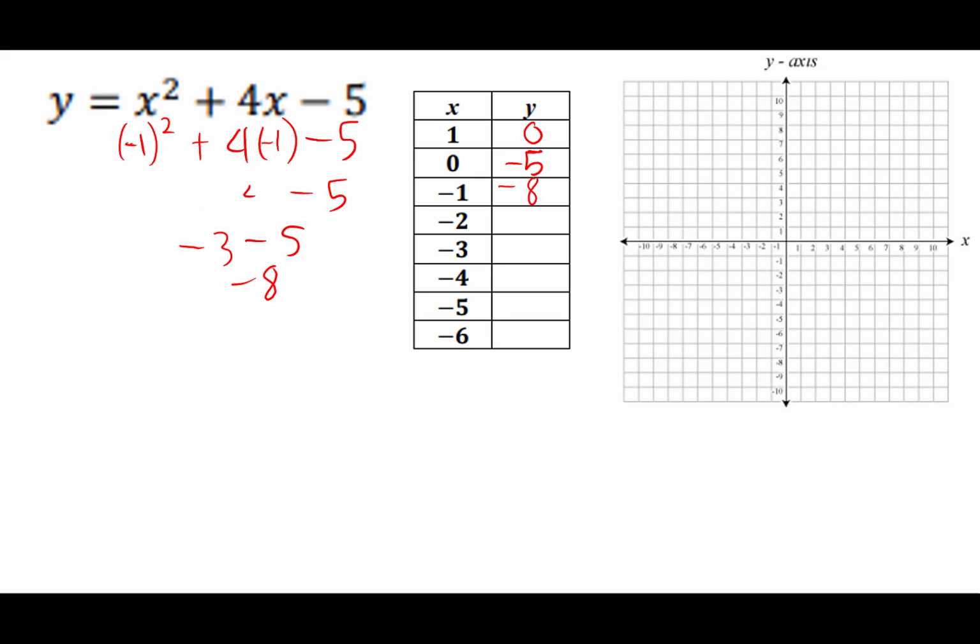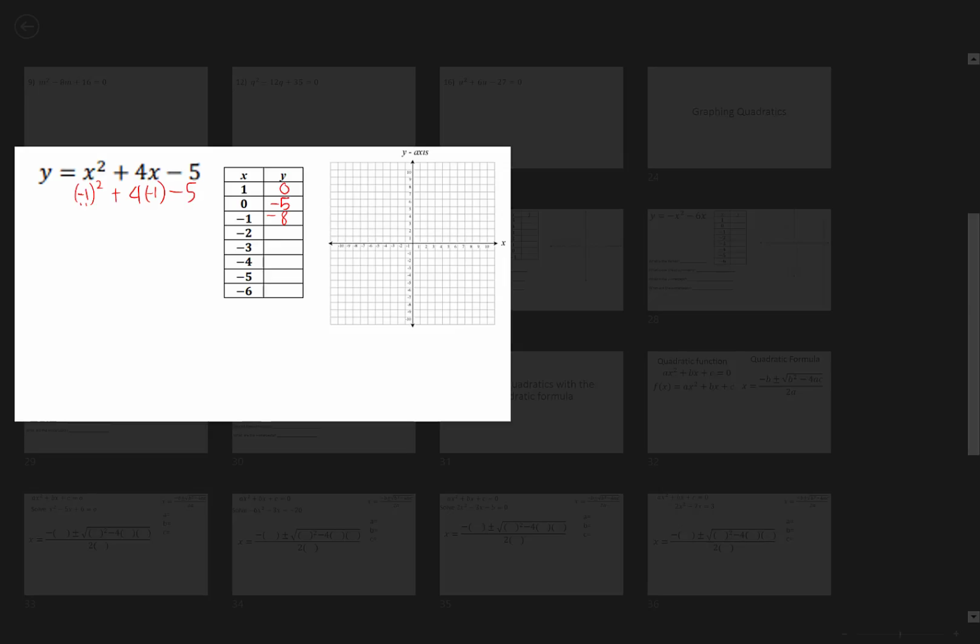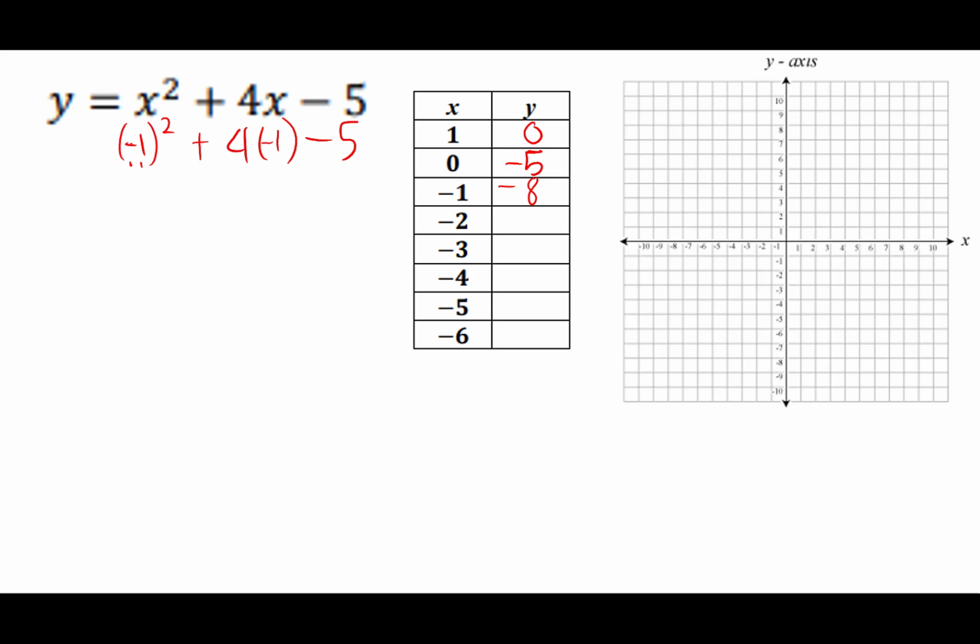Okay, I'm going to do one more, and then I will just use a calculator. All right, so we're plugging in negative 2.